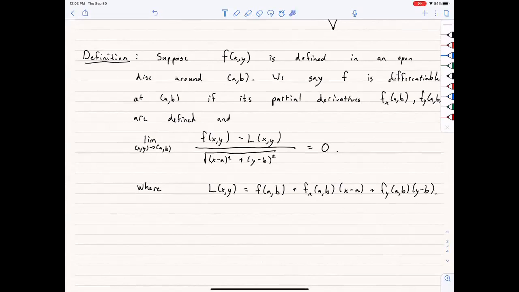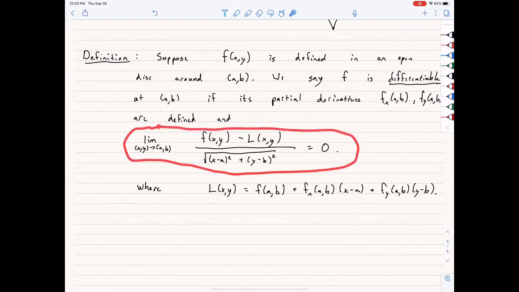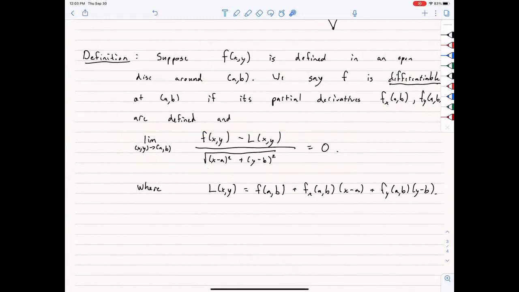So what are we defining here? We're defining the notion of differentiability of a function. As I said a moment ago, the definition of these partial derivatives involves a one variable limit of a function of one variable. Differentiability requires a notion of a limit in two variables, or many variables.